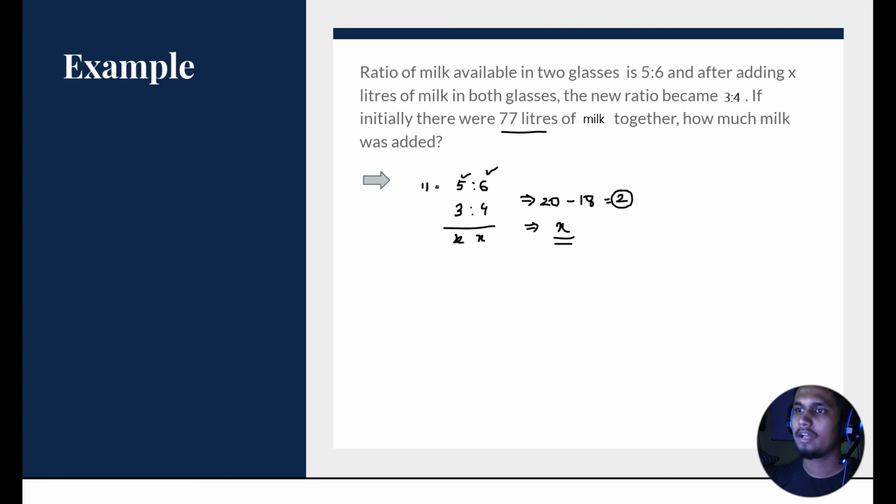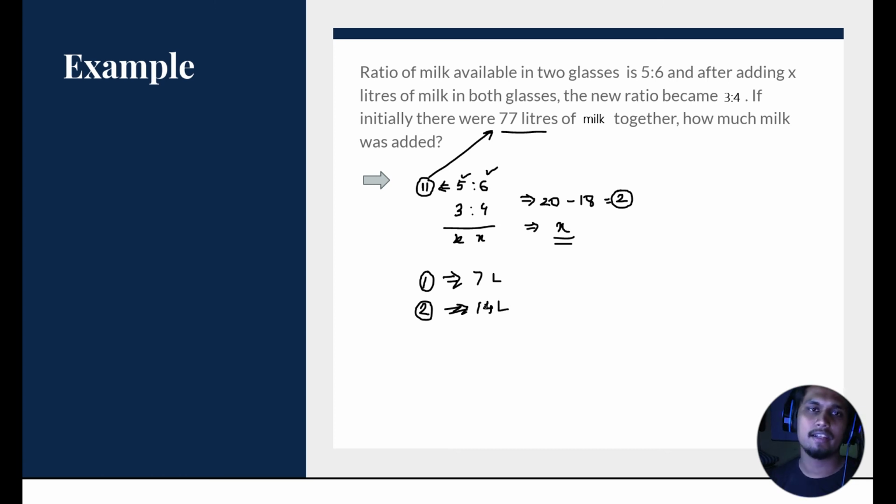If we add 5 and 6, 11 unit means 77 liters. That means 1 unit is 7 liters. So 2 unit will be 14 liters. So the value of x is 14.